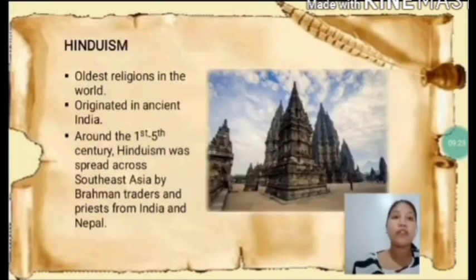Hinduism is considered one of the oldest religions in the world, dating back to the 2nd millennium BC. Hinduism originated in ancient India around the 1st and 5th century. Hinduism was spread across Southeast Asia by Burman traders and priests from India and Nepal.